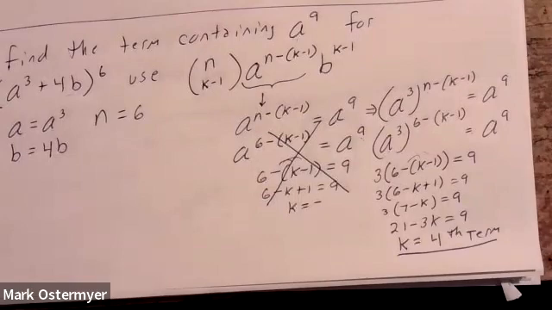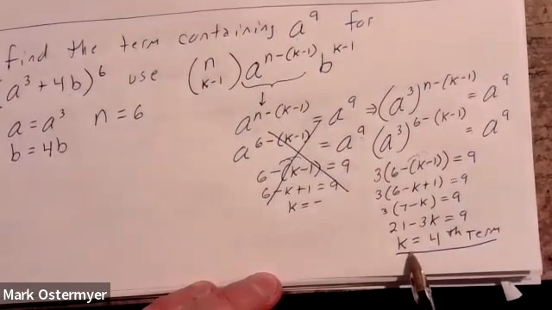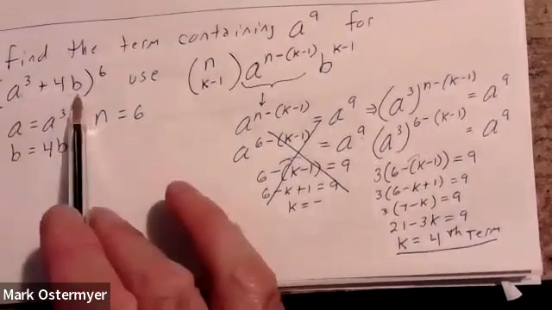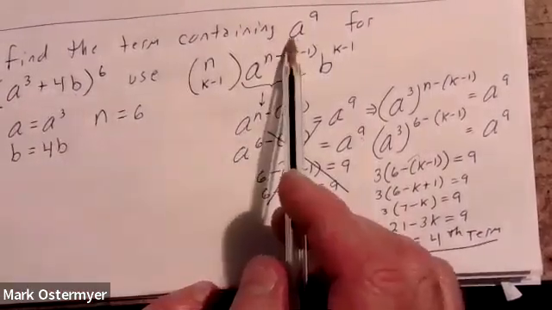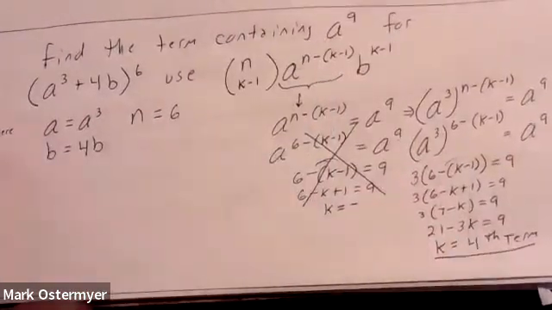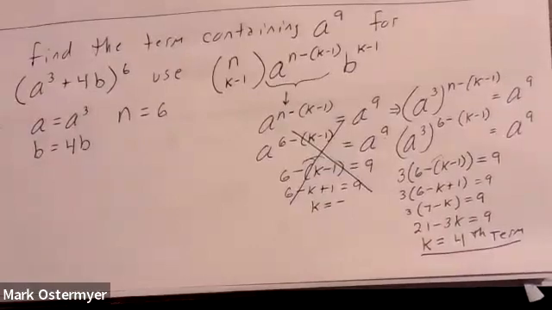And we're done. I just wanted to know what term it was, and it is the 4th term of this binomial expansion that does have a to the 9th in it. The answer is the 4th term there. Any questions how we determine what term that was? It's the 4th term.